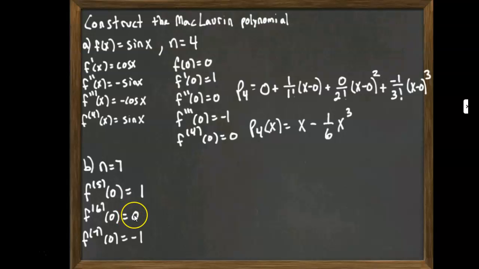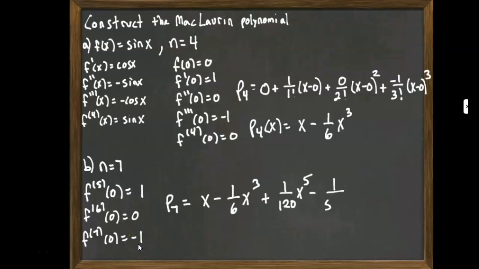The 6th term is just going to disappear. And then the 7th term would be minus 1 divided by 7 factorial, which is 5040, times x to the 7th. So there's our 7th degree approximation for sine.